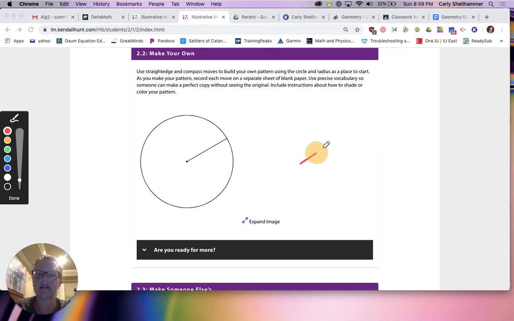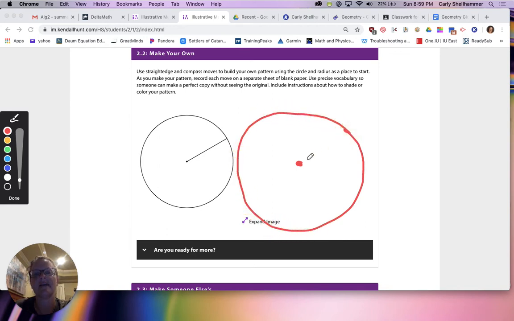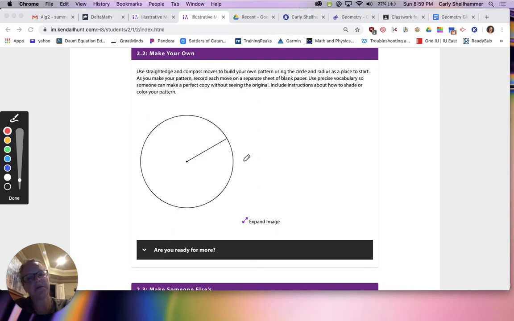So dot, same measurement, and then we would take our compass and put the pointy end here and the pencil end here, and we would draw all the way around with our compass. As long as the measurement from here to here equaled the measurement from here to here, then our circles would be equal. Okay, that's how we would do this if we were in the classroom.